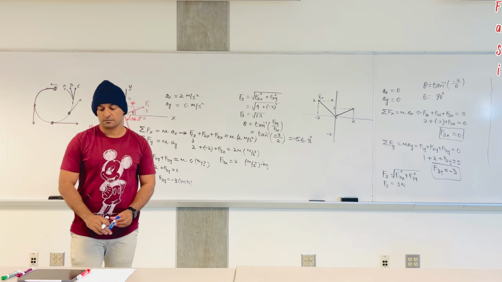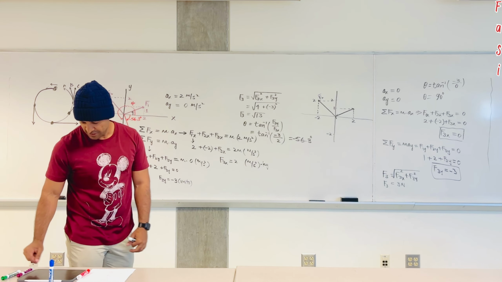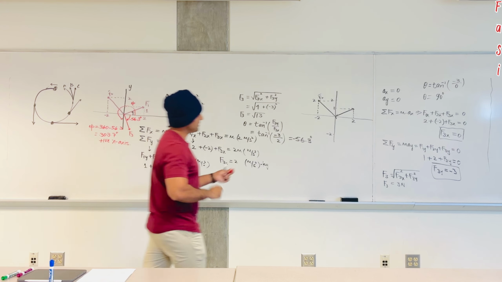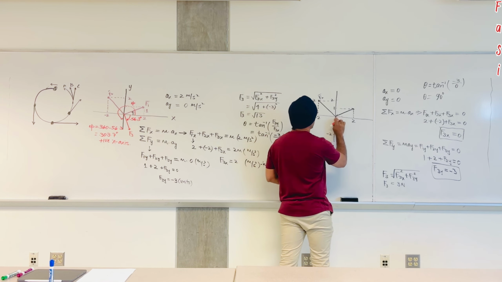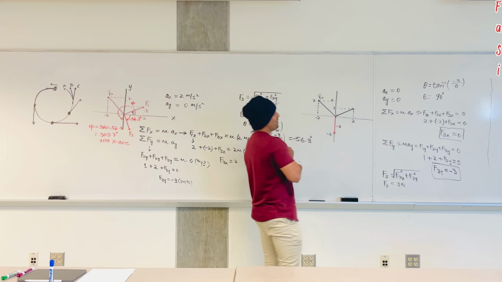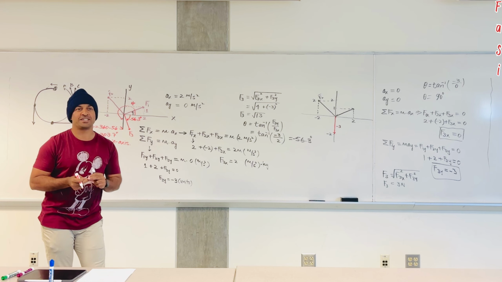Okay, and so the third force will be along this direction. Magnitude minus 3 and the angle 90 degrees. Can someone tell me which 90 is it? Is it positive 90 or negative 90?